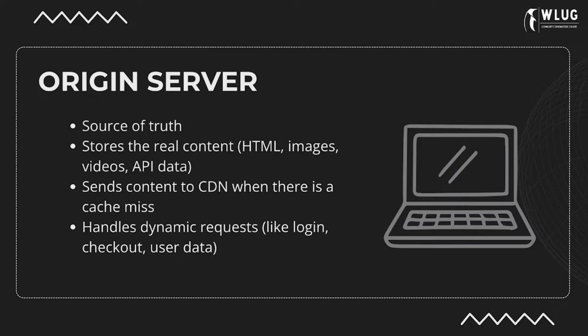Imagine that you're hosting your portfolio website using your laptop as your origin server. So, all the content, maybe your HTML, CSS, and JS files, will be on your laptop. That is your origin server. And any changes you make to the code will be first reflected on your origin server. Any other component of the CDN only receives temporary copies of these files.